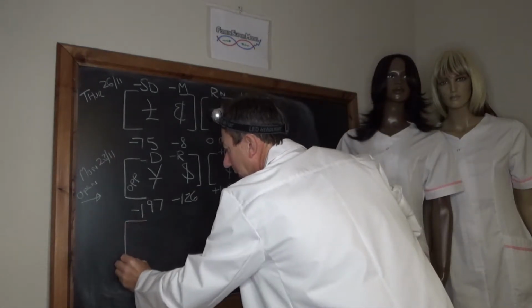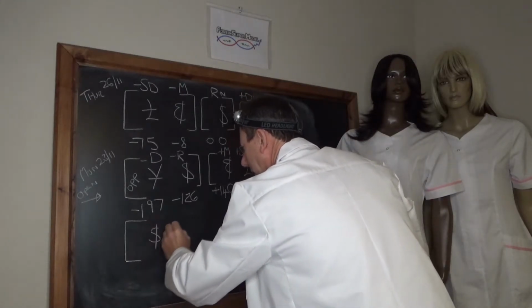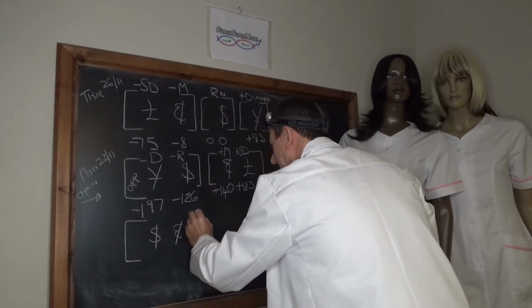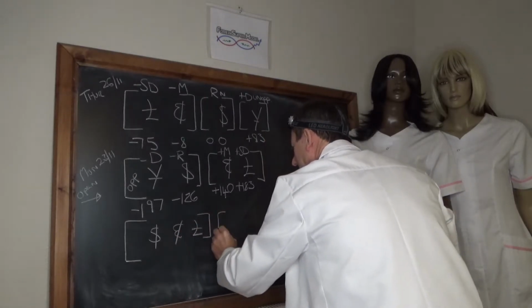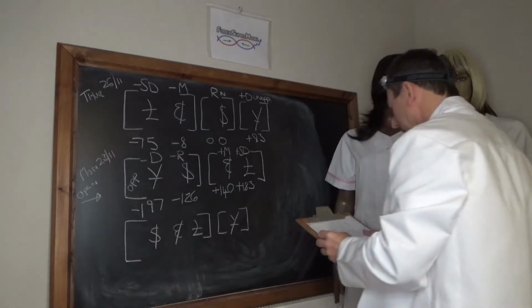Right, so we've got dollar, euro, pound, and we've got yen on the positive side on its own.